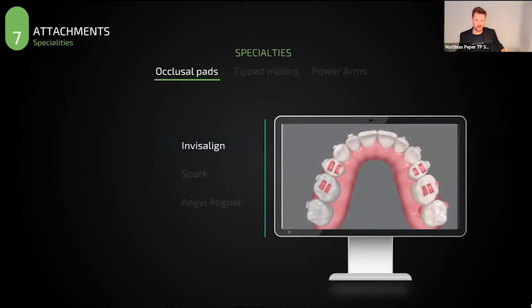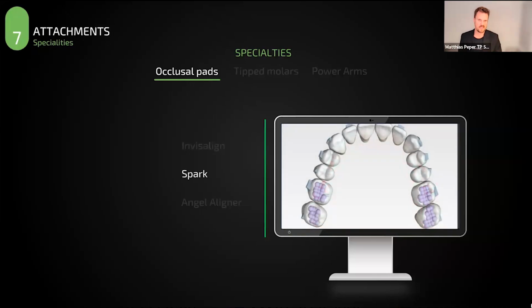Here, I will give you another example of how we use the occlusal attachments. Because at this moment we don't have the occlusal pads, we use double attachments here. It's the same effect. All the doctors using it say they also have very nice stability. We like the occlusal pads from Spark most because they are very strong and the technician can change them a little bit.